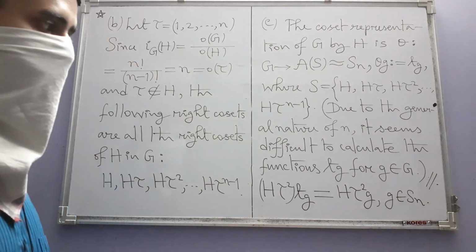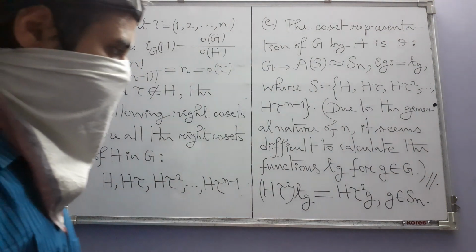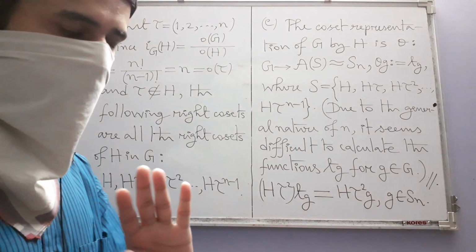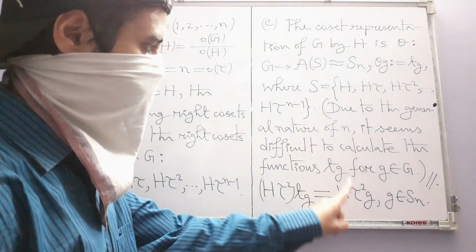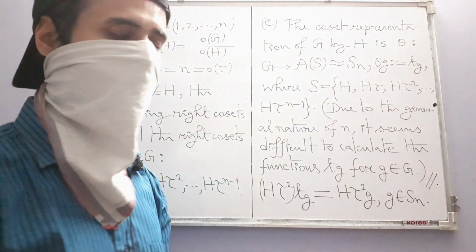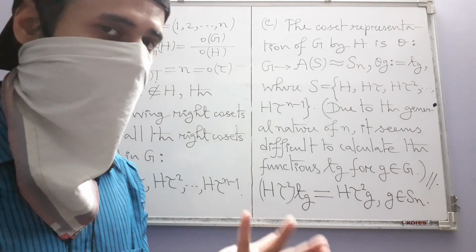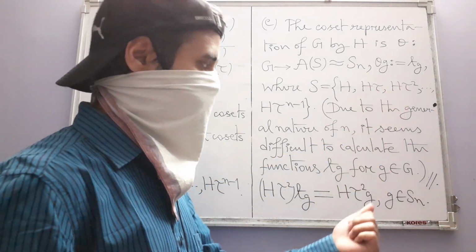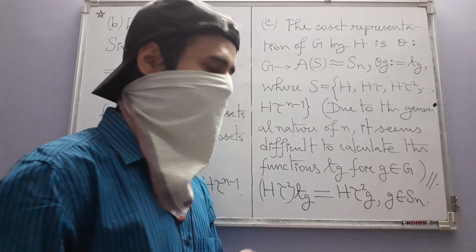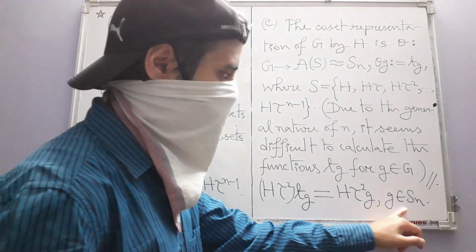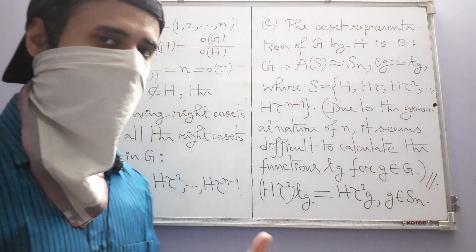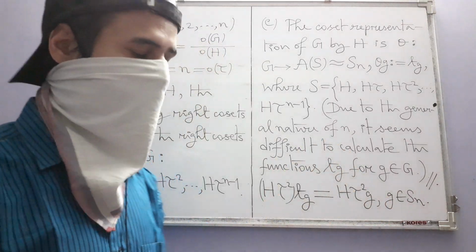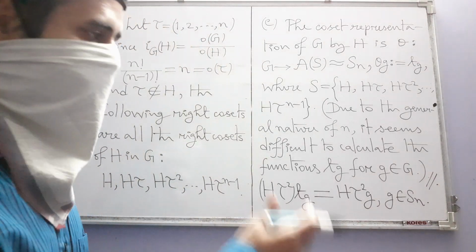But this is again going to be a right coset of H in G. So we know that this is going to be here somewhere, but which one? Is there really any way of knowing what ultimately this one will be without knowing what g is? And given how large the group Sn is and what different kinds of permutations we can have in Sn, g may be many different types of things.